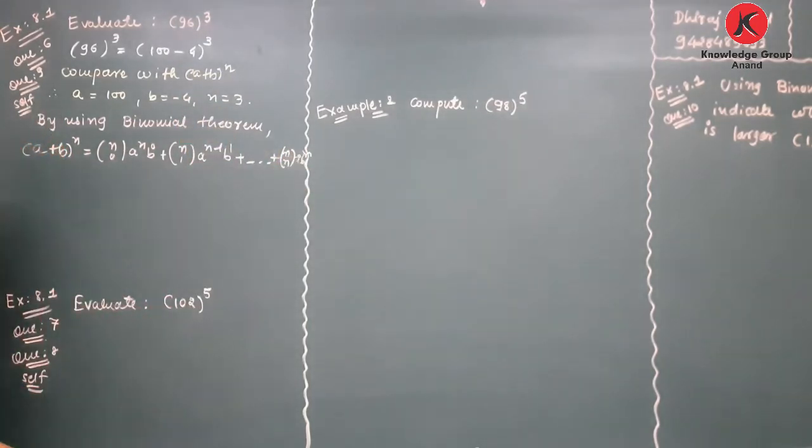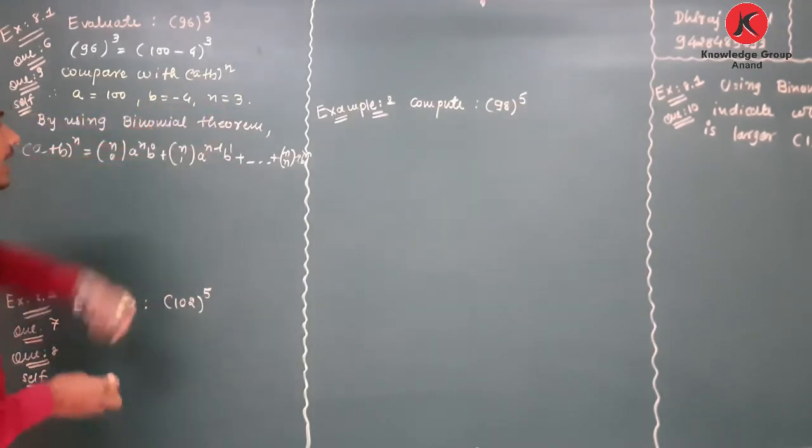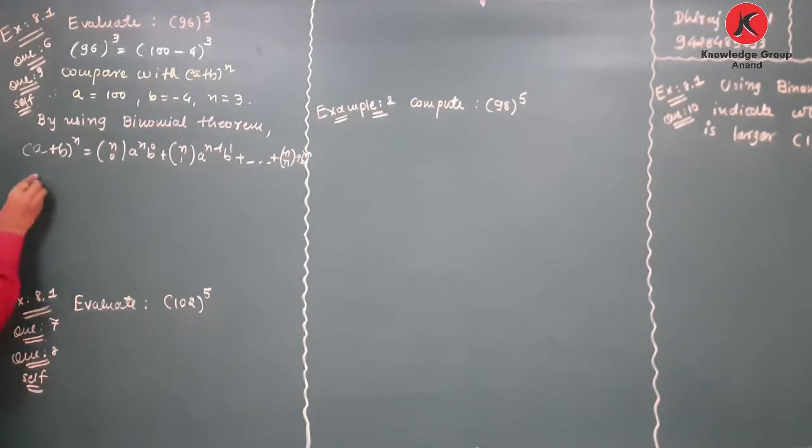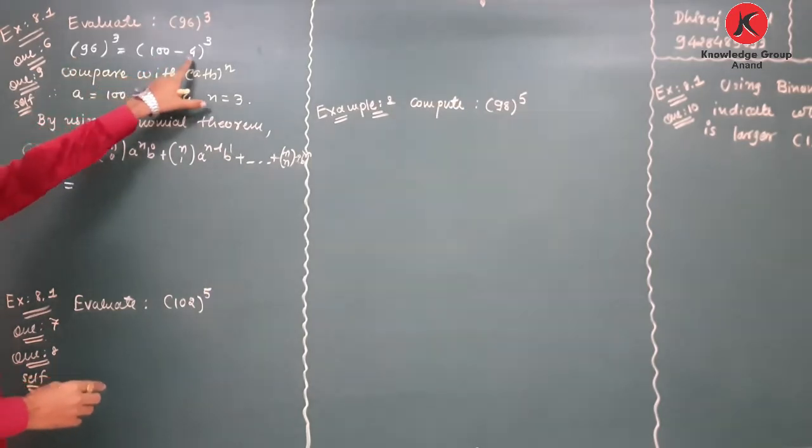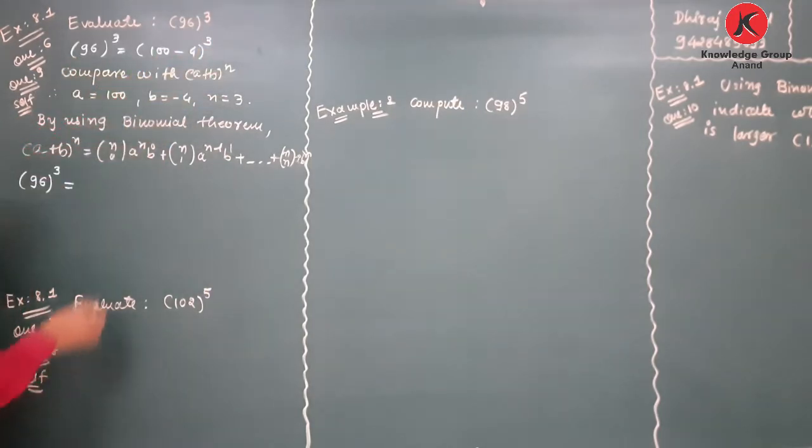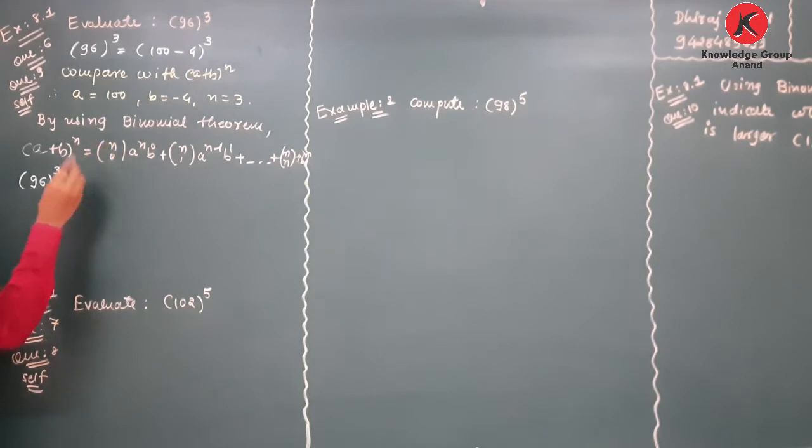Clear? Now put the values of a, b and n here. Therefore I am getting 96 whole raised to 3, which means 100 minus 4 raised to 3. Here n equals 3.